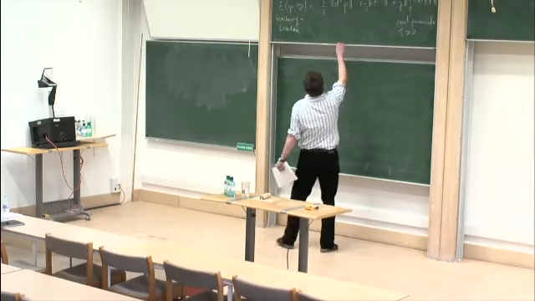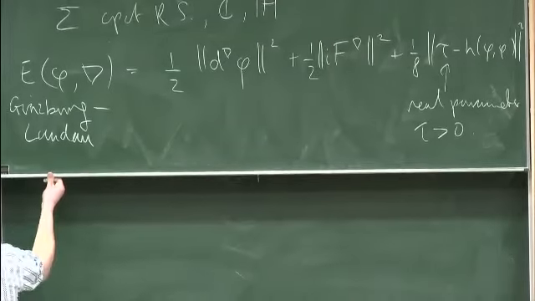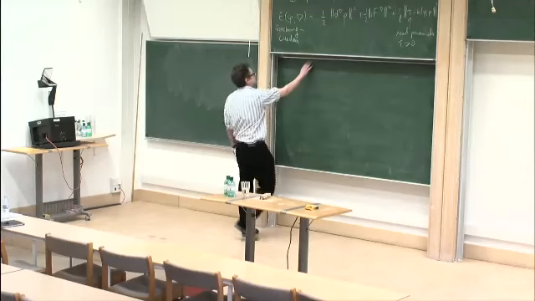Okay, so I guess the first thing I should note is that there's an obvious huge symmetry group for this variational problem.